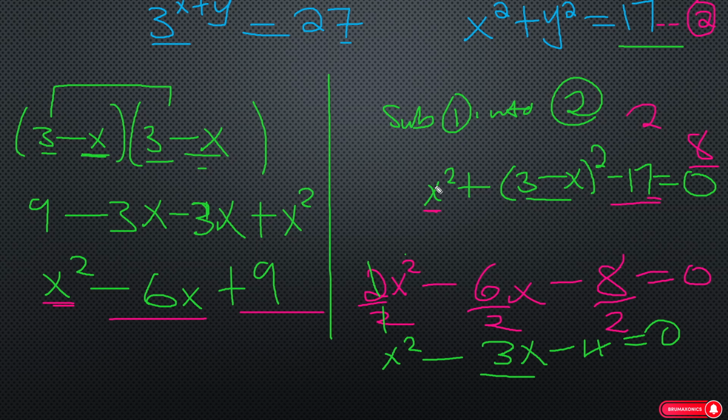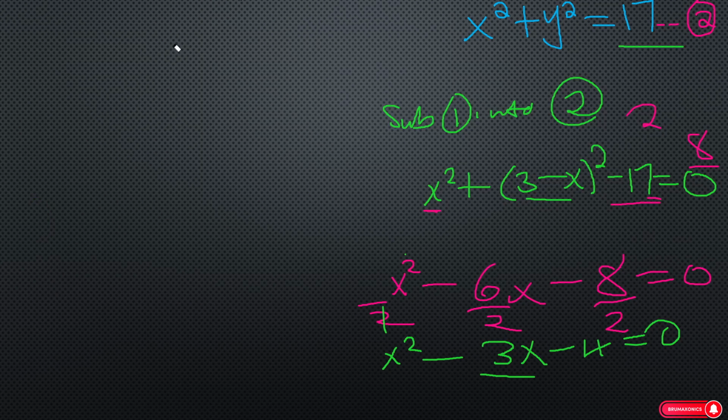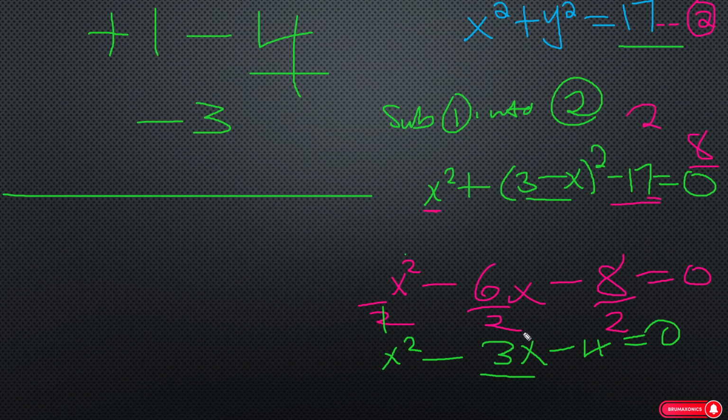So that number or those numbers can be as follows. I just want to open a space here so that I can present it to you guys accordingly without clustering everything. So if we say positive 1 and negative 4, when we add them, we're going to get negative 3. That's where we start. So when we multiply them, we're going to get negative 4, which is good.